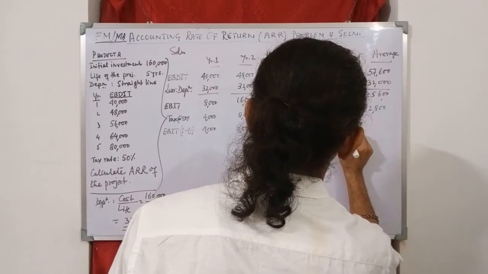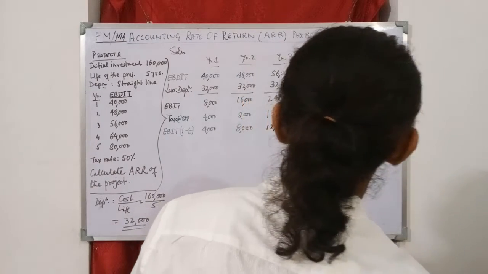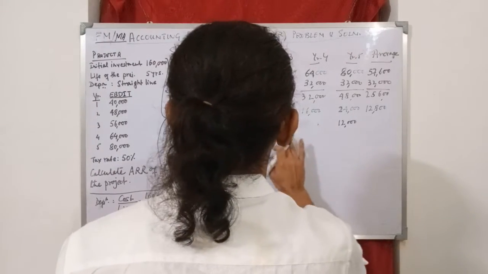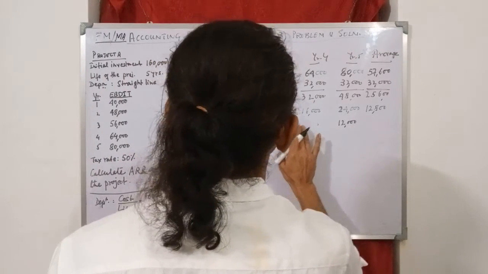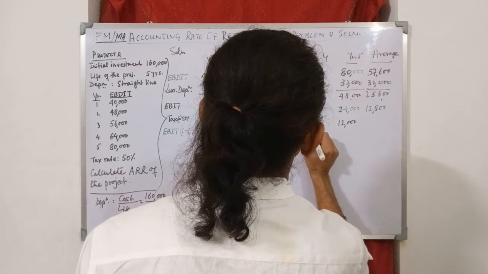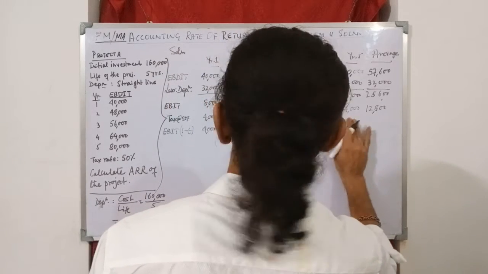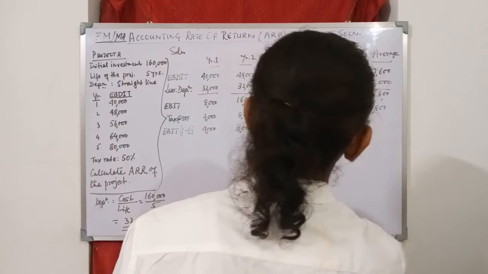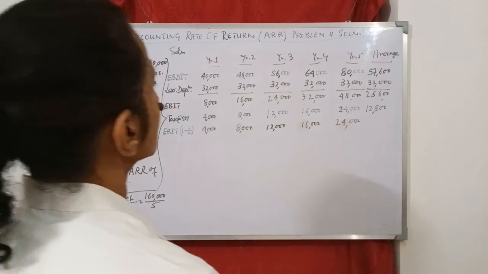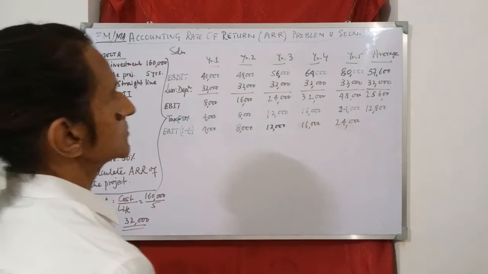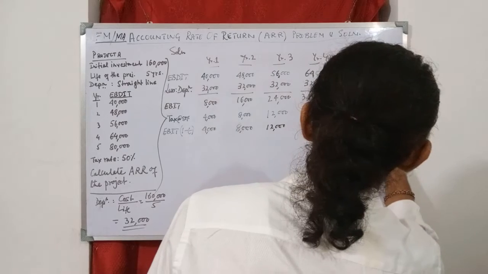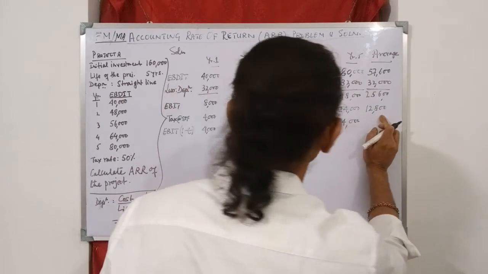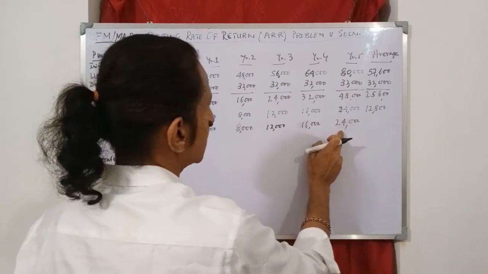And here it is 24,000. Right? So this is 25,600 minus 12,800, or you can add this and divide it by 5.